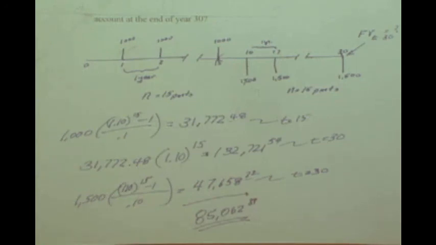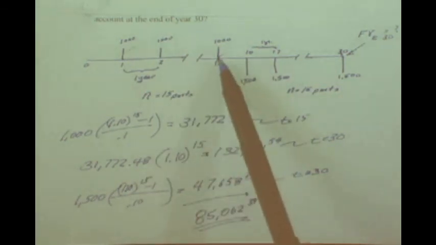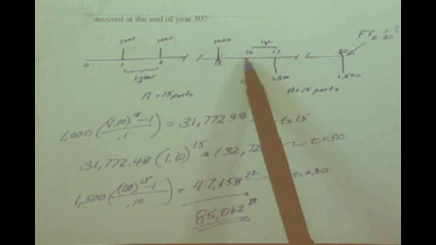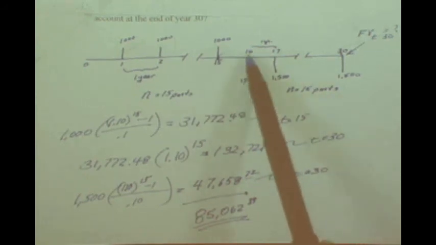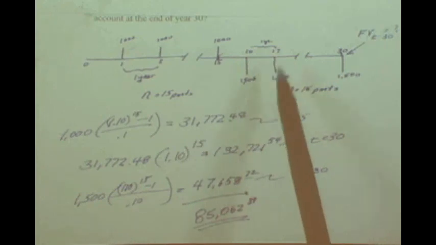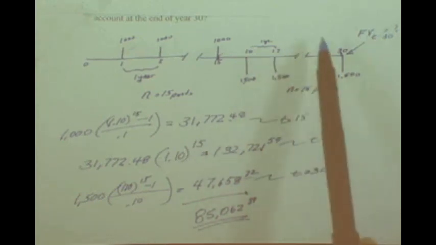But I have had students, even graduate students, work a problem like this where they would go to take the money to year 15, then they'd move it to year 16, subtract 1,500, take what's left, move it forward 1 year, subtract 1,500 again, and keep going.